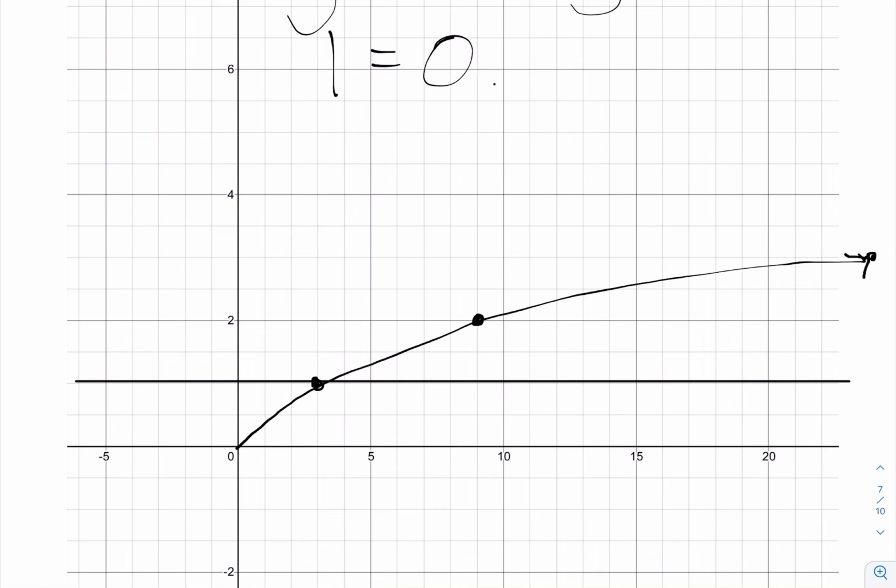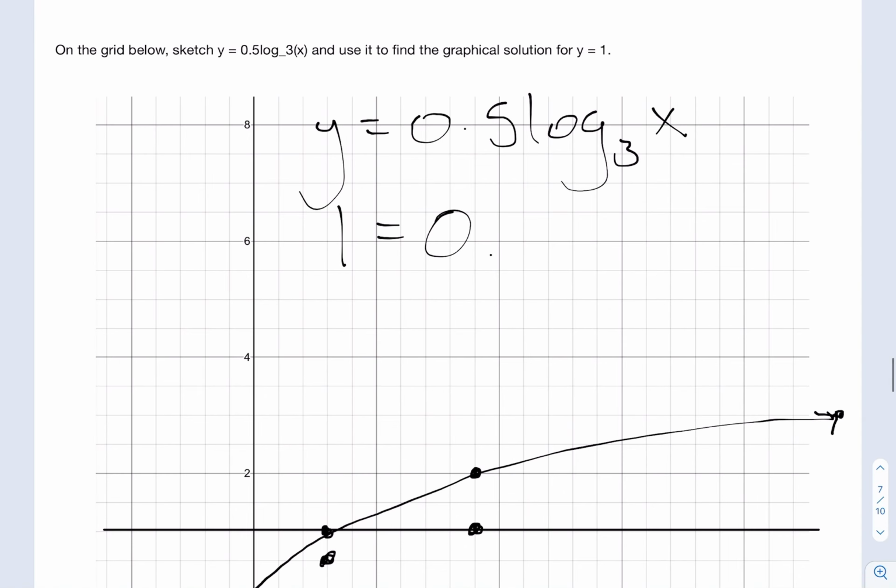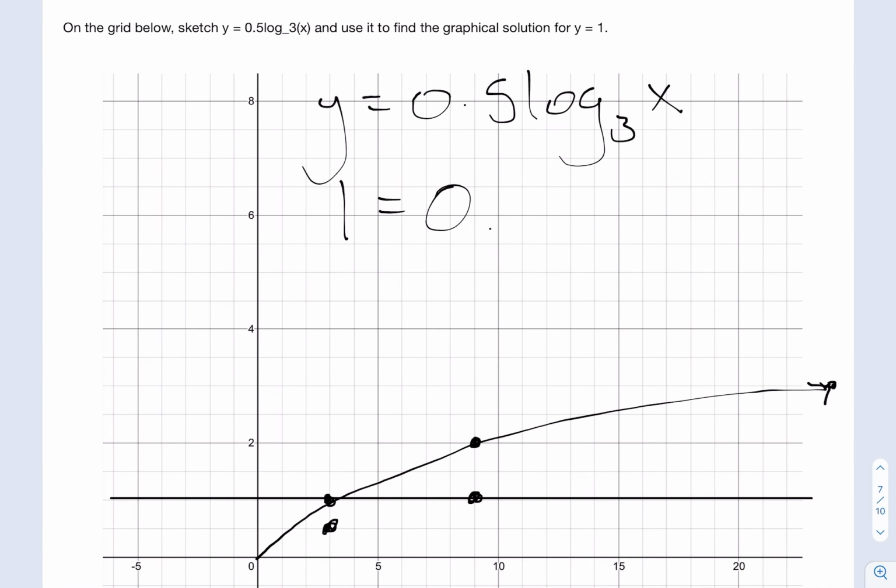So for 0.5, we just divide each point's y-value by 2. So that's going to be there, that's going to be there, that's going to be around there. Hold on. Yeah, it's going to be somewhere. Let me just see here. So x, I'm just checking this out here.